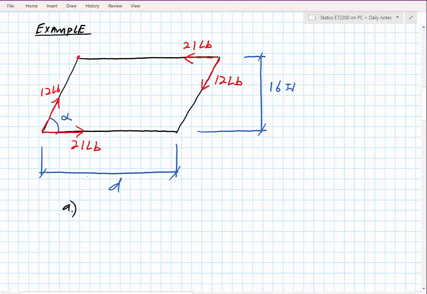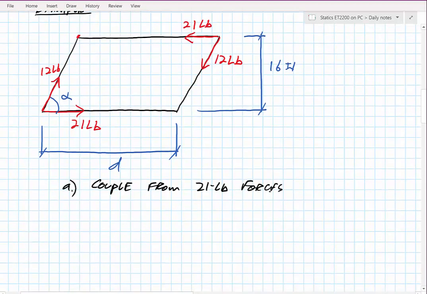The first thing, let's try to find the moment couple from the 21-pound forces. This starts off pretty easy because it's just a force times a perpendicular distance, and I see that the distance between these 21-pound forces is perpendicular at 16 inches.